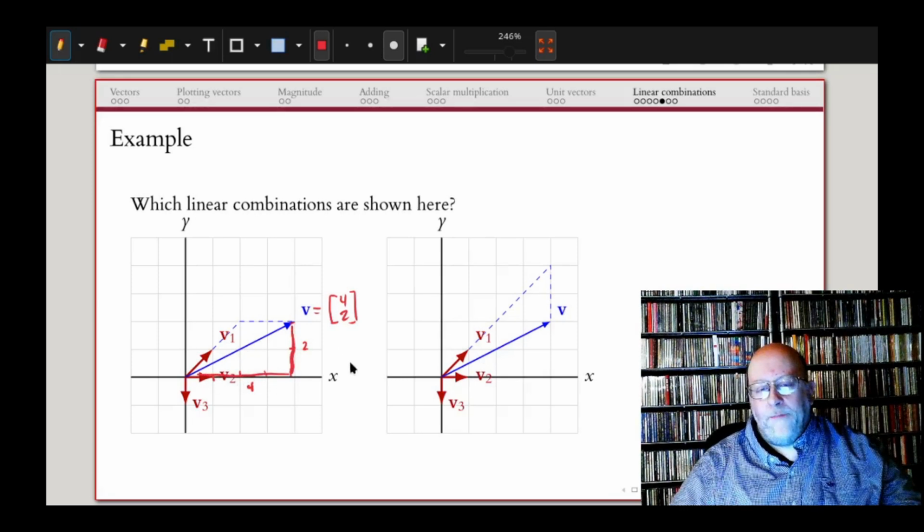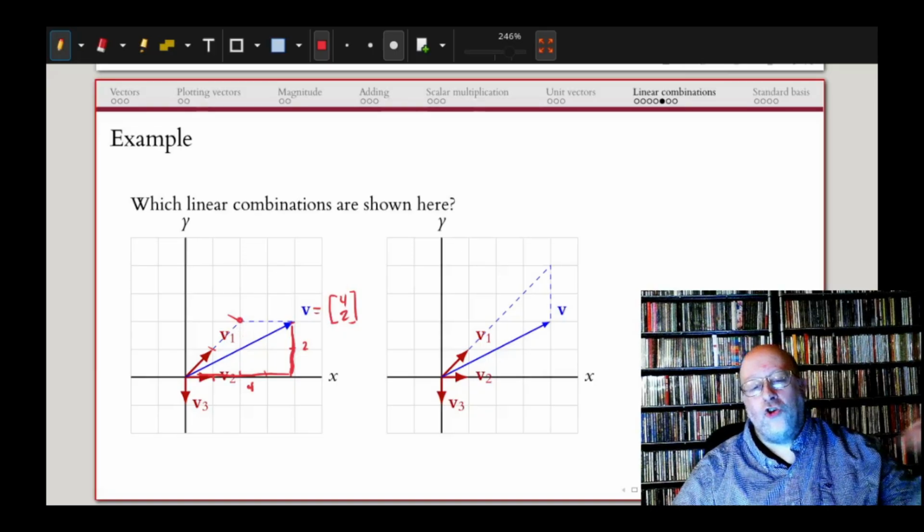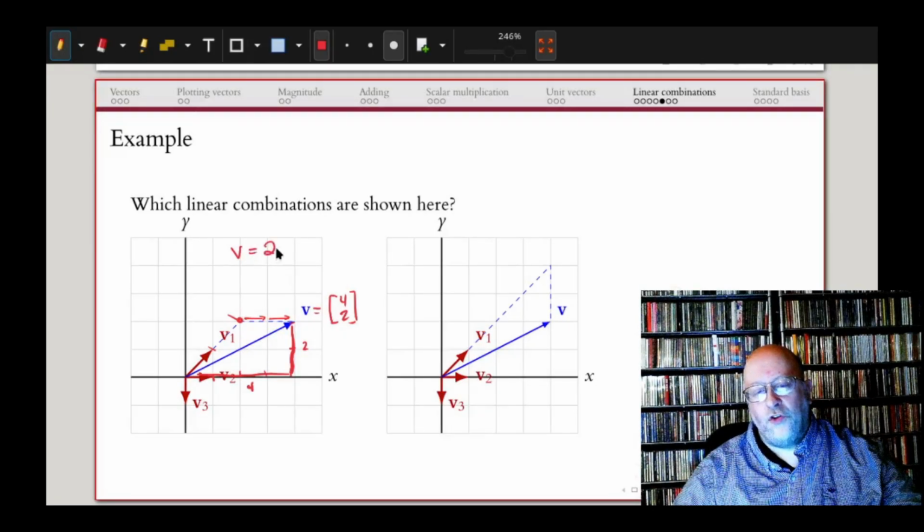So one way we can build this vector is to start along the diagonal direction v1, travel along this diagonal direction for 2 copies of v1, and then once we get to this point, turn and move horizontally in the v2 direction for 2 copies of v2. And so that gives us a combination that v is 2 times v1 plus 2 times v2.